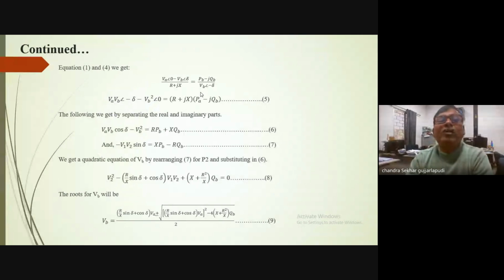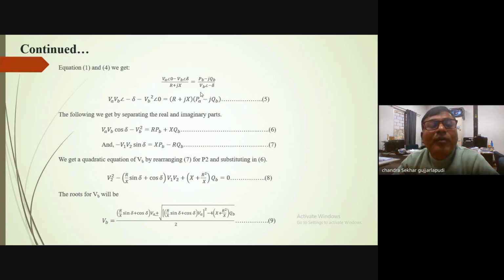Now, from that expression, we separate the imaginary and real parts. How is it possible? VB at an angle delta means VB (cos delta plus j sin delta). Similarly, we can separate both the real and imaginary parts by comparing the left side and right side of equation number 5.